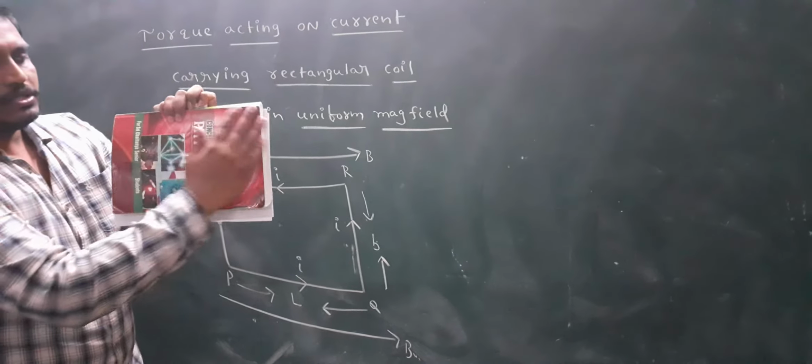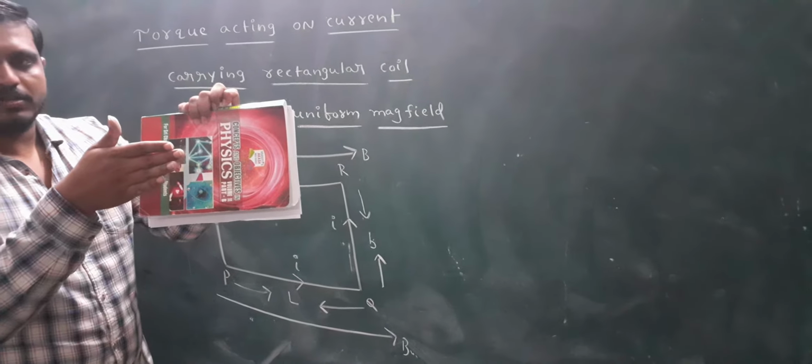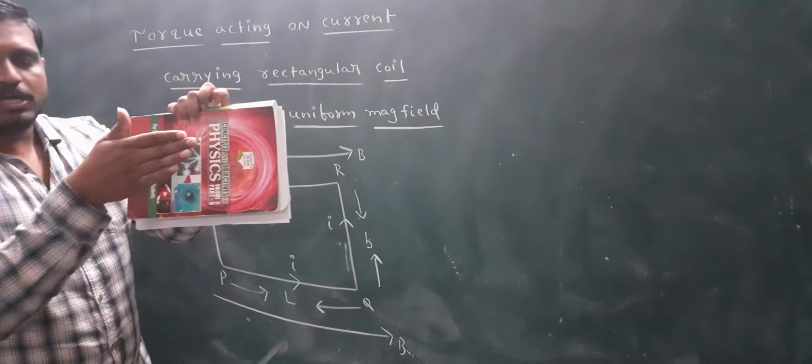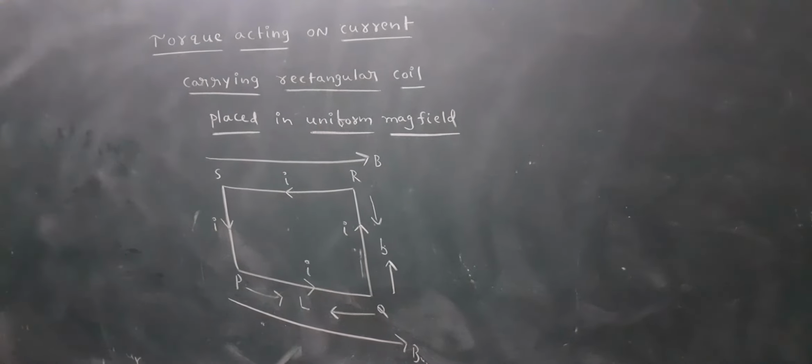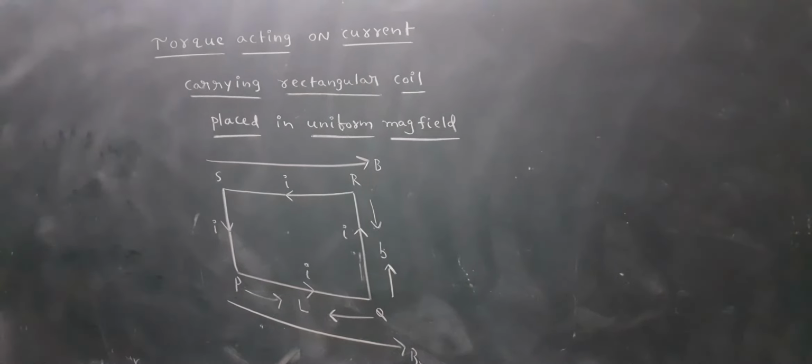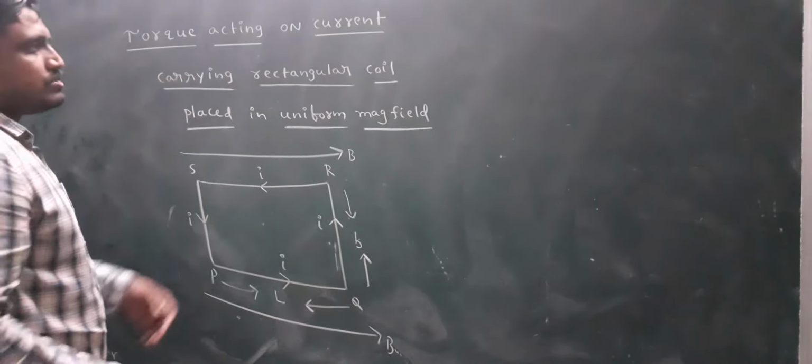This is the plane of the coil, this is the field. Both are parallel. The plane of the coil is parallel to the magnetic field.